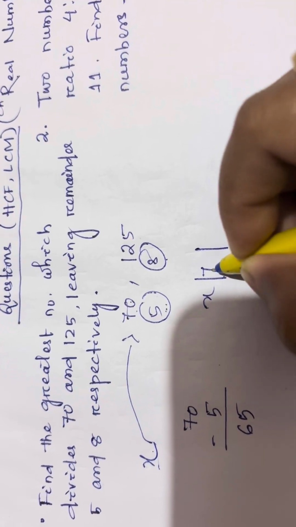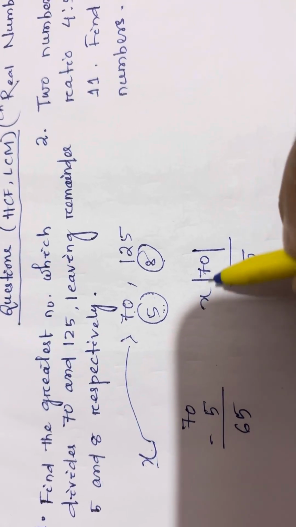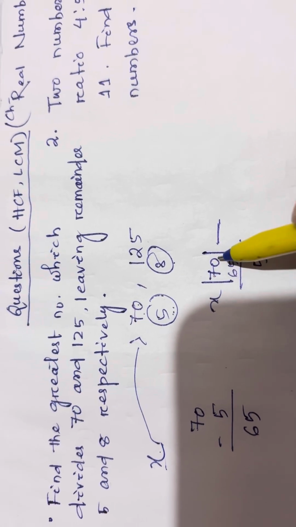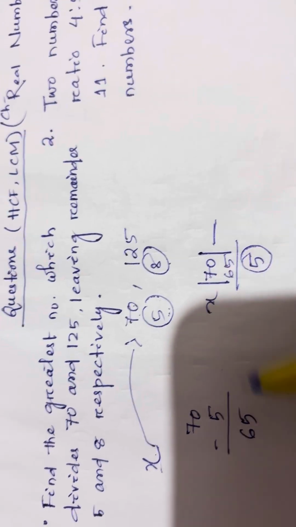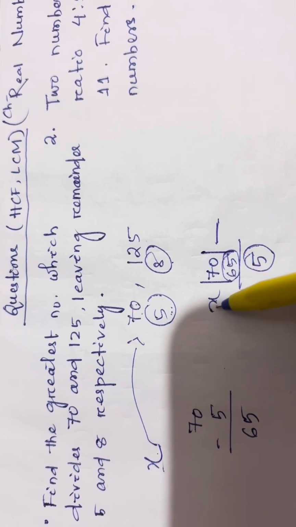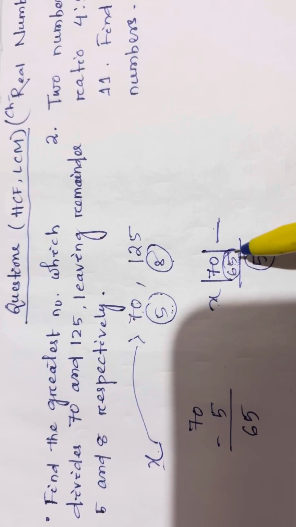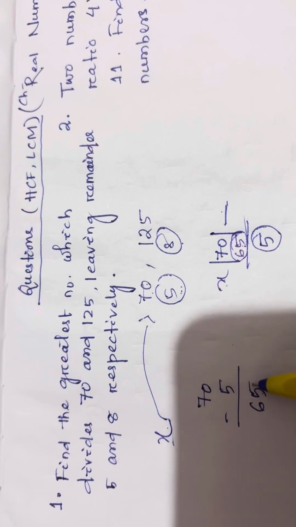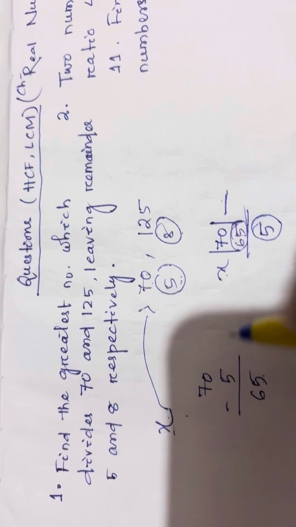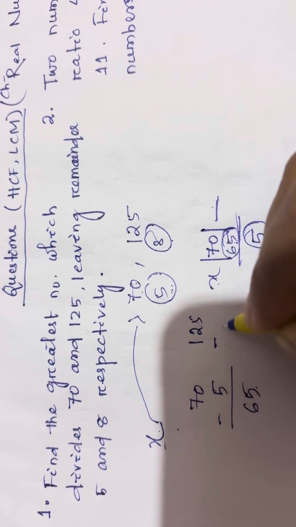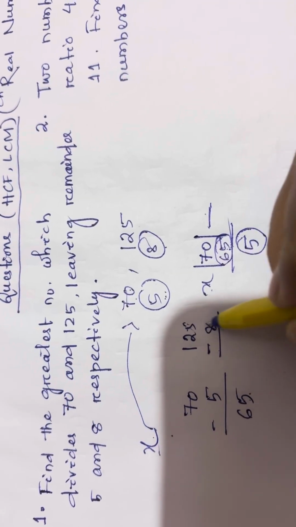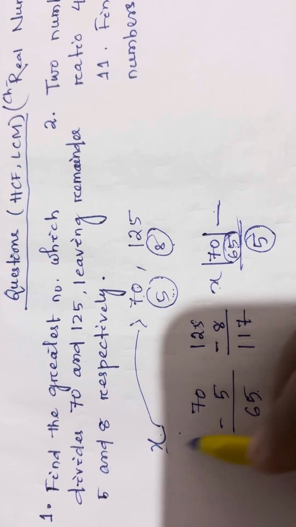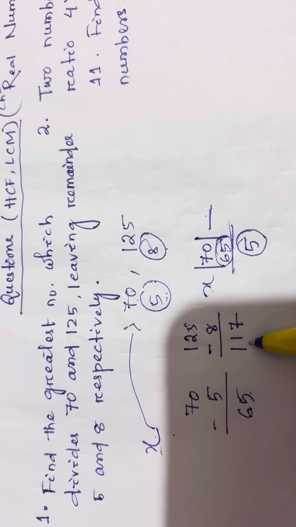I am getting a remainder 5 here, which means x into something is giving 65 definitely, and for that reason only you are getting 5. So 70 minus 5, 65, is exactly divisible by x. Similarly, 125 minus 8 is 117. So x is dividing 65 and 117 exactly.